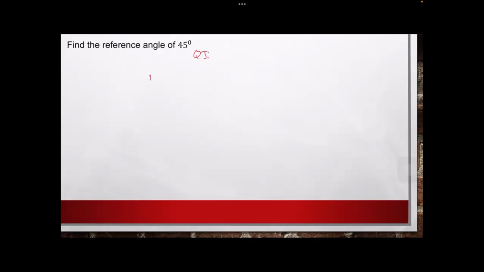So therefore, if quadrant 1, the reference angle is still 45. Kasi yung given mismo ay belong na sa range ng 0 to 90. Quadrant 1 again, the given angle is equal to the reference angle.